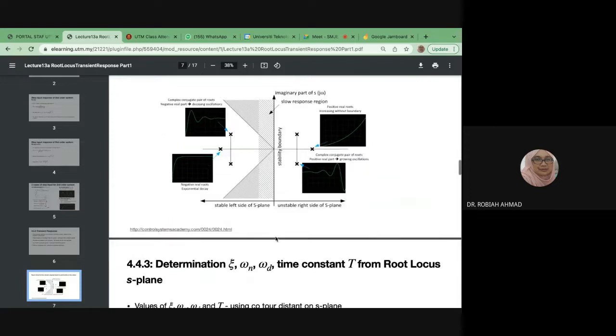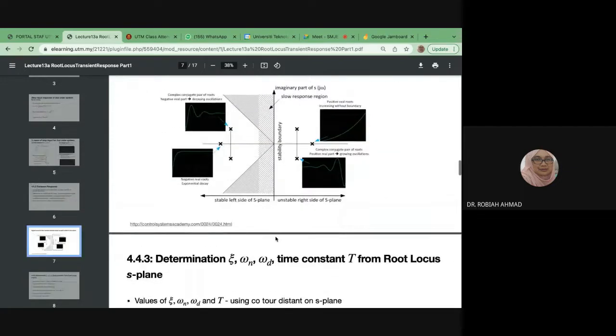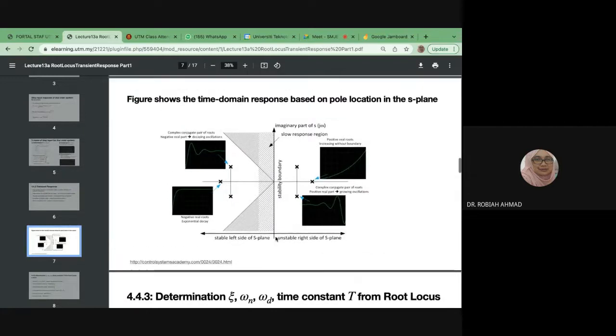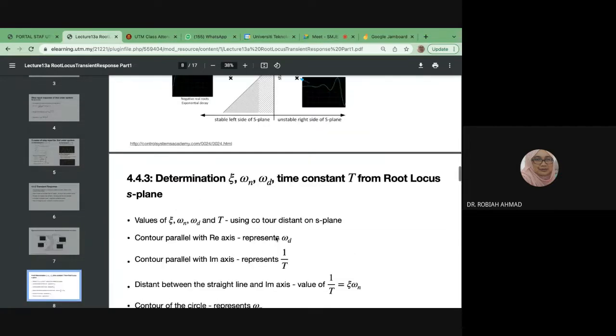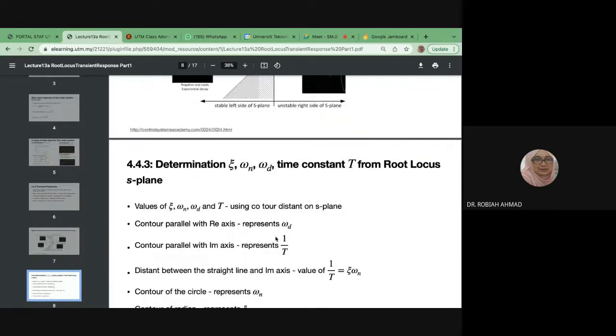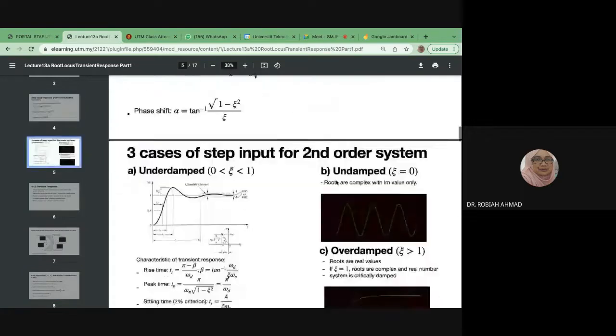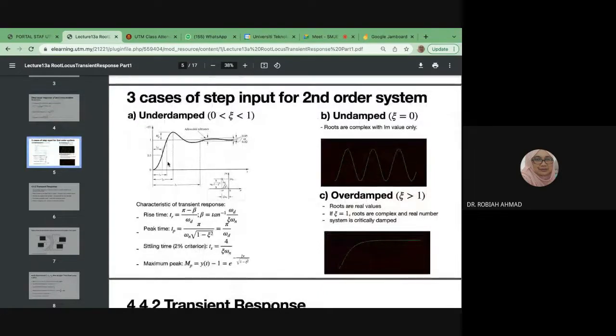Okay. So okay, now we understand all this, the concept of transients, and then the concept of the roots, poles, and zeros on the S-plane. Now determination of the damping ratio, damped and undamped natural frequency, as well as time constant. Actually from the root locus, sebab kita dah belajar tadi, if we get the transient response just now, okay, so from the transient response, it will tell us so many things lah, rise time, peak time.